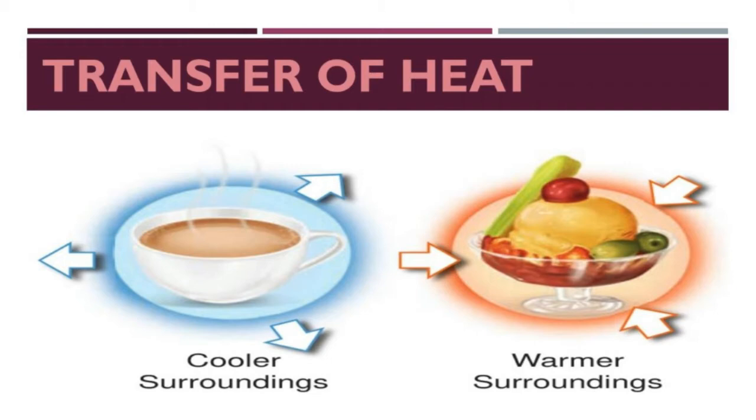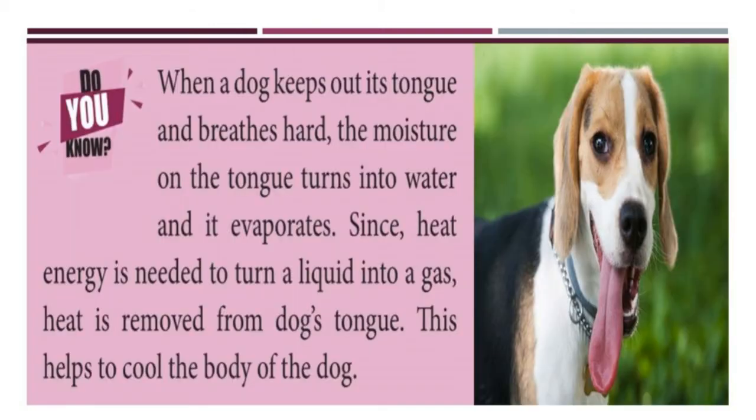Heat transfer takes place when heat energy flows from an object with a higher temperature to an object with a lower temperature. Do you know, when a dog keeps out its tongue and breathes hard, the moisture on the tongue turns into vapor and it evaporates.